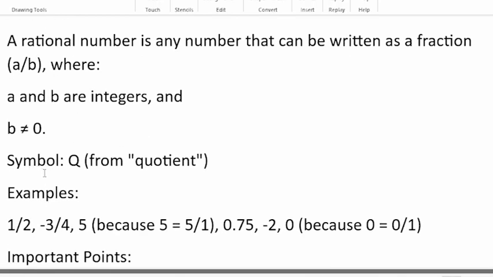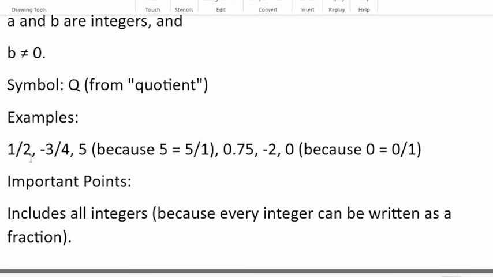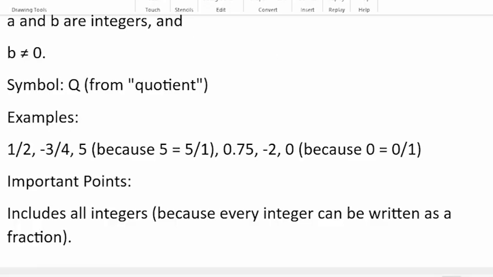The symbol of rational numbers is Q, taken from quotient. Examples: 1 over 2, 3 over 4, and 5, because the denominator of 5 is 1, and also 0.75, minus 2, etc. These types of numbers are called rational numbers.